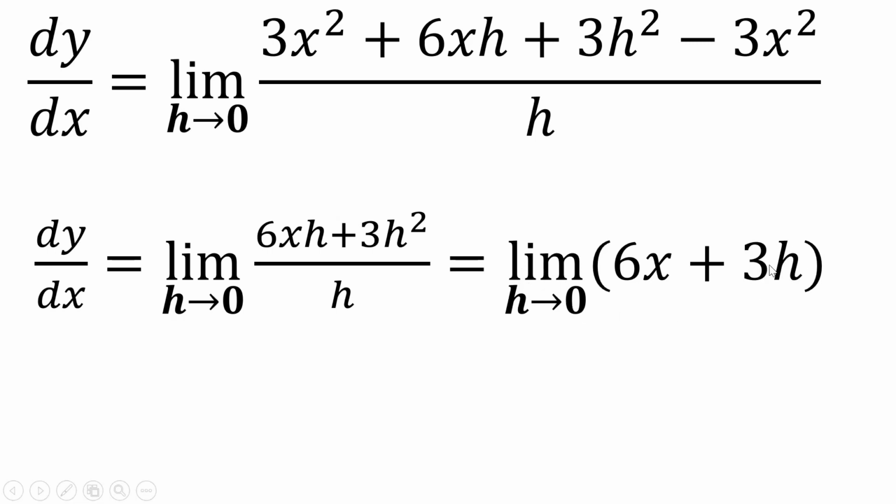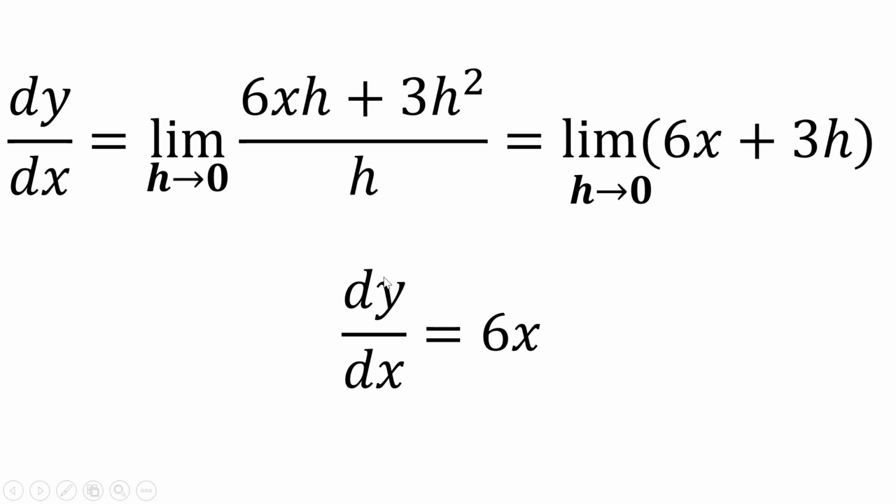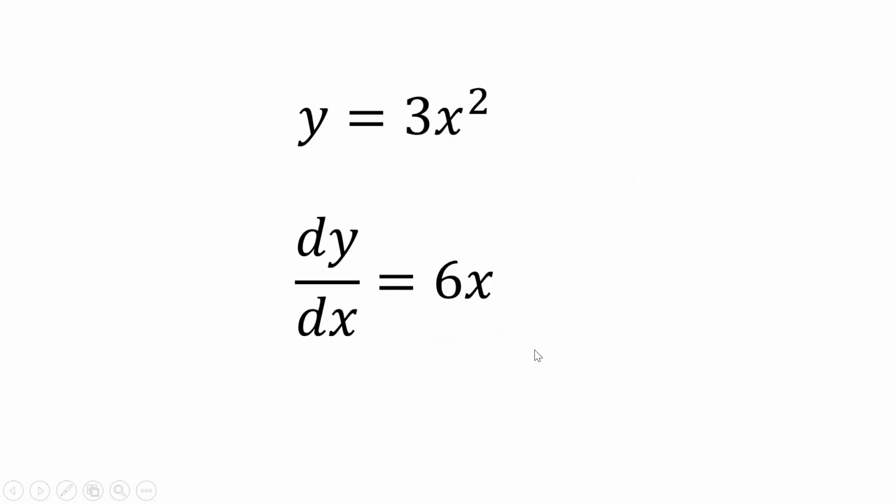So we are going to put 0 here. And the moment we do that, this side is going to be 0. And our resultant answer is going to be 6x. So the derivative of y equals 3x squared with respect to x is 6x.